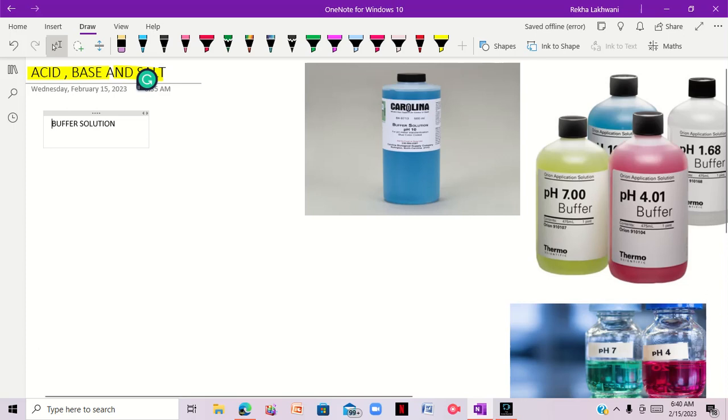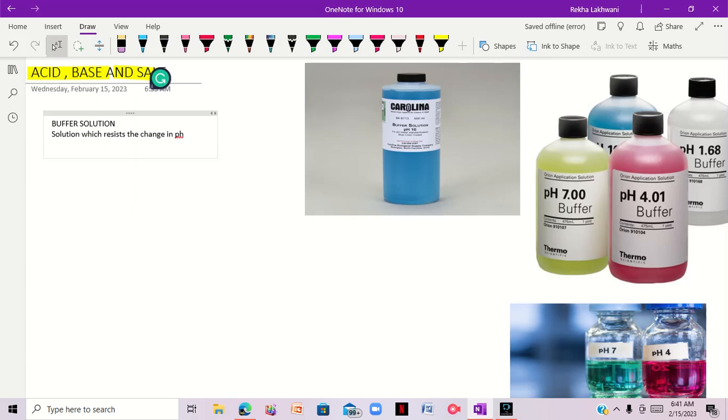Basically, any solution which does not change its pH is known as a buffer solution, or you can say a solution which resists the change in pH.